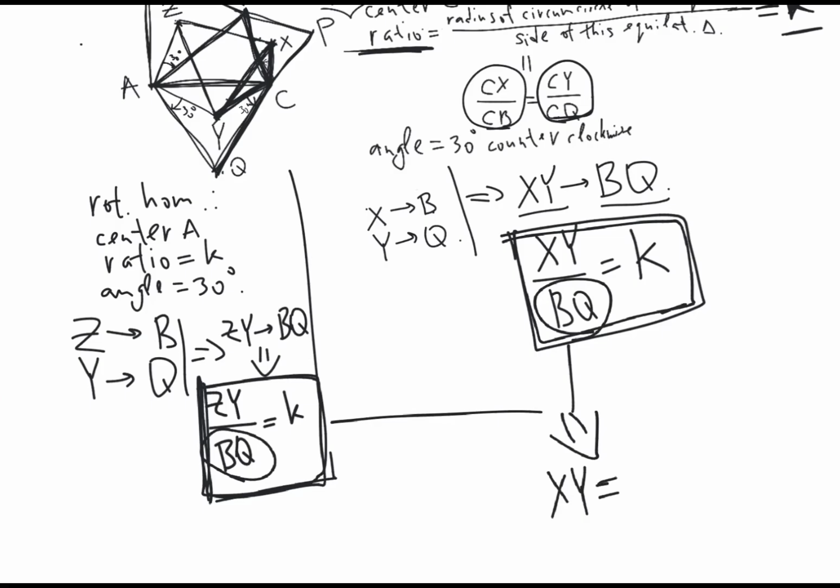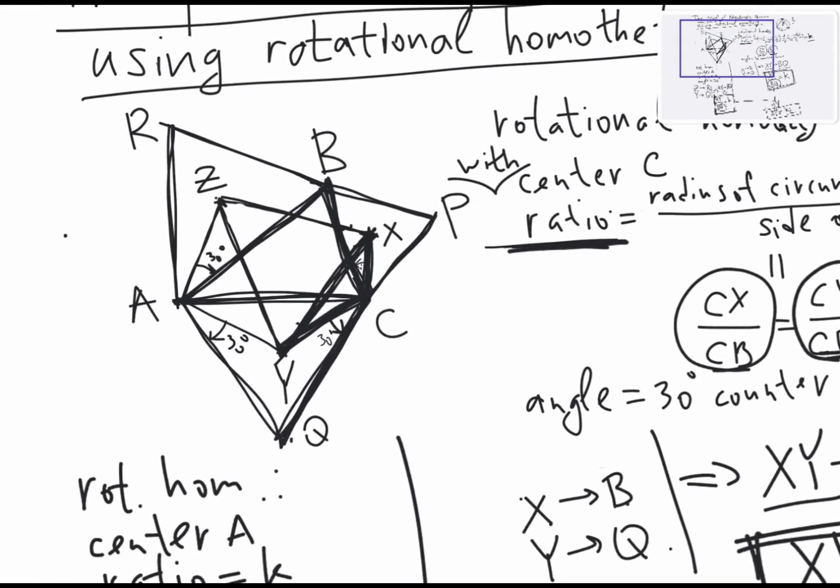So the length of the segment XY must be equal to the length of the segment ZY, or let's write it as YZ. Alright, so XY is equal to YZ. These two segments are equal.